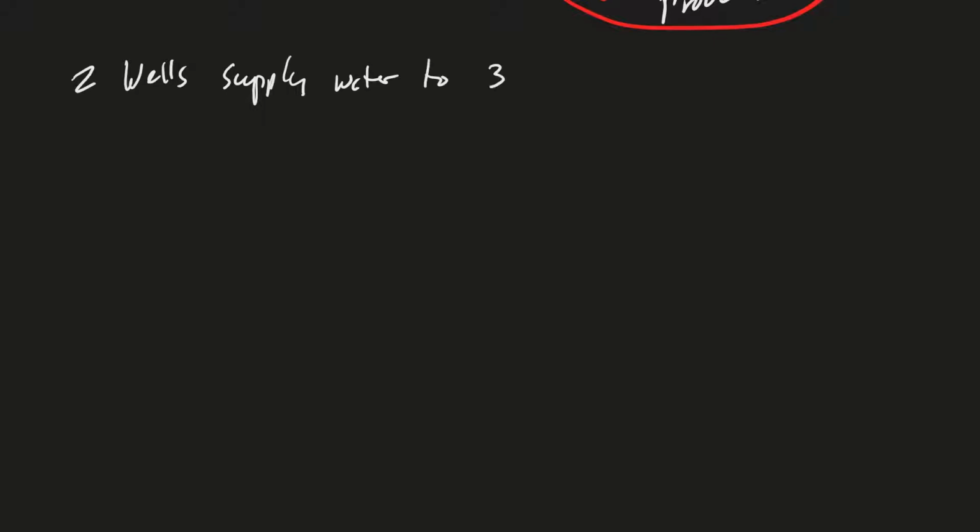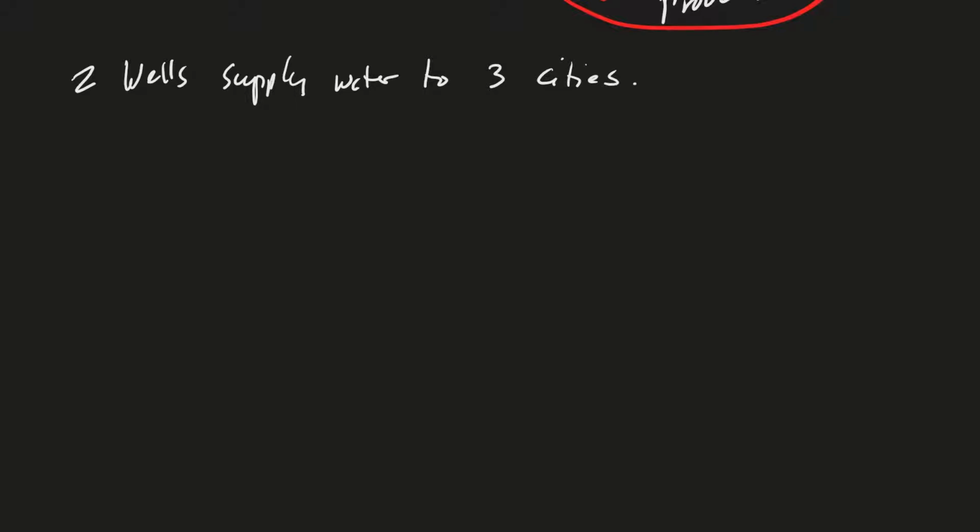So in this example, suppose I've got two wells that supply water, two wells supplying water to three cities. A, B's, and C's again.